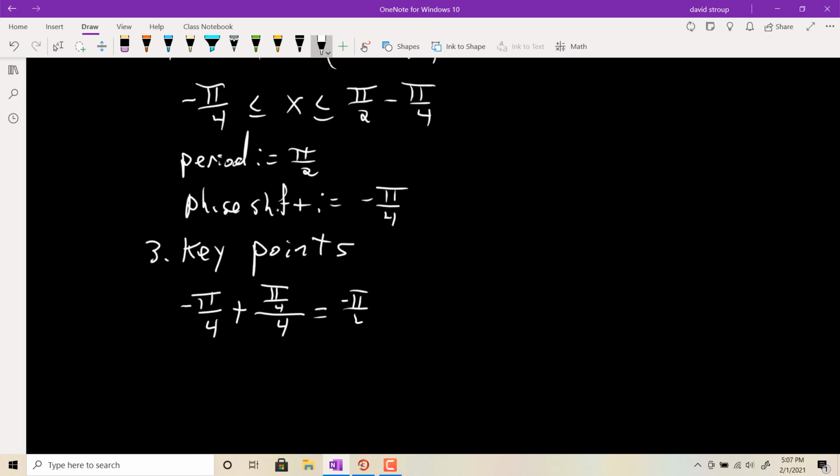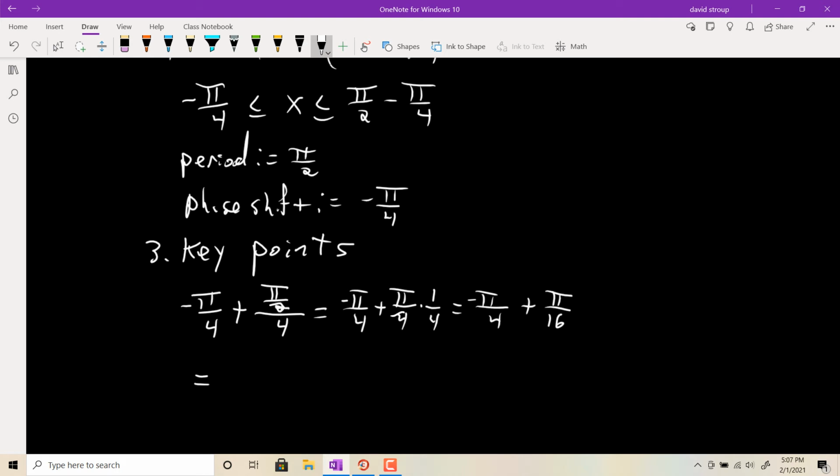Negative pi over 4 plus pi over 4 divided by 4 is the same as pi over 4 times 1/4, which is pi over 16. Then we need a common denominator. Oops, the period is pi over 2. I got carried away there, sorry.